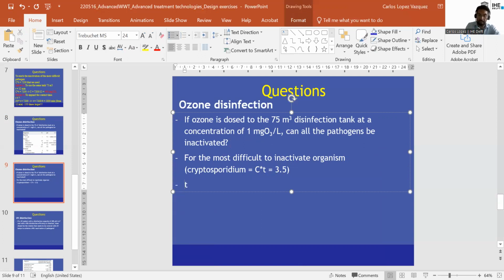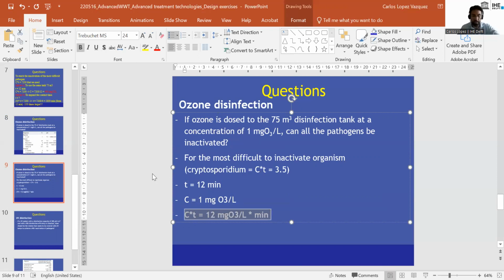Our system has, from the previous calculations, T equal to 12 minutes. If we have a C of 1 milligram of ozone per liter, then the CT is 12 milligrams of ozone per liter per minute.